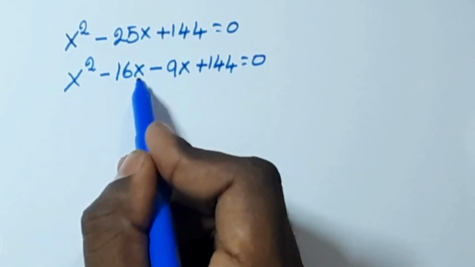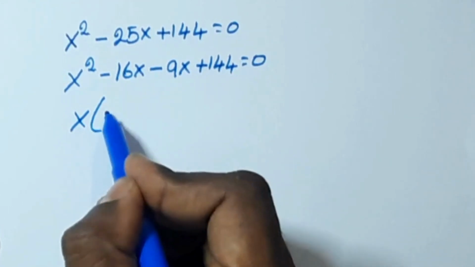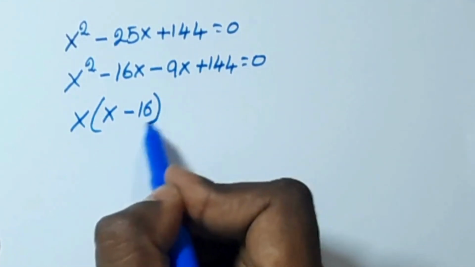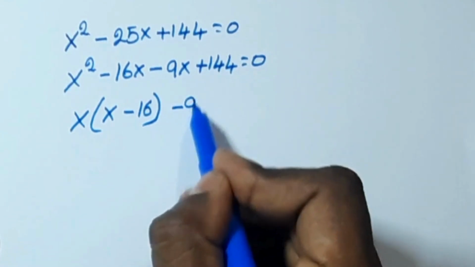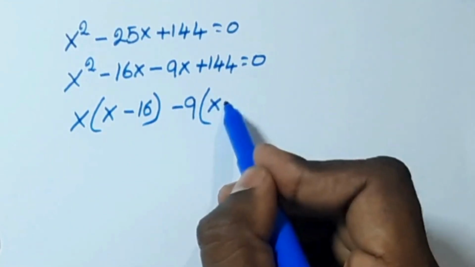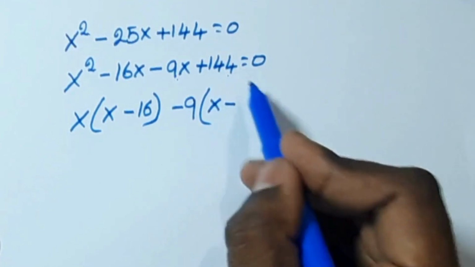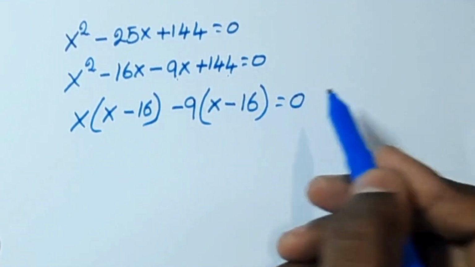Now we are going to take x common from this. So x open bracket x minus 16 close bracket. Minus 9 common, so minus 9 open bracket x minus 16, since 9 times 16 is 144, close bracket equal to 0.